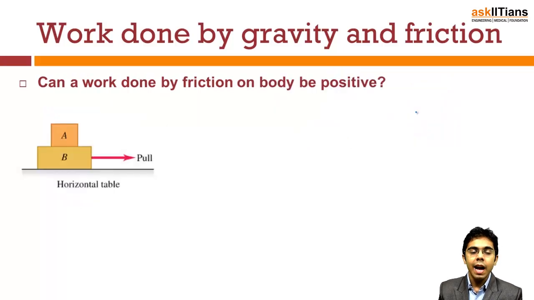Now the third case is: can the work done by friction on a body be positive? The answer is yes. How is it so? Let's say this is the situation given to us, and this is the force we are applying on block B. If we make the free body diagram, or want to find the direction of the force of friction, let's check it out.